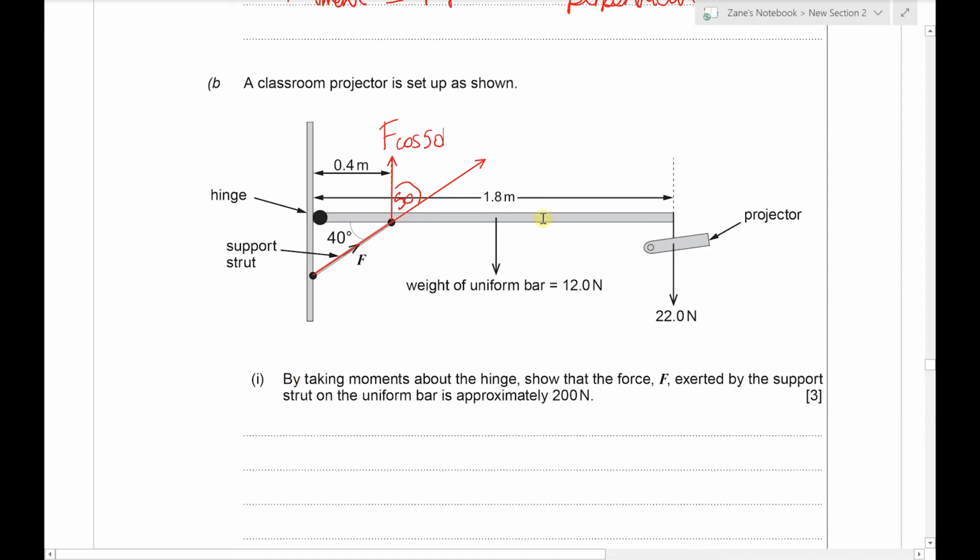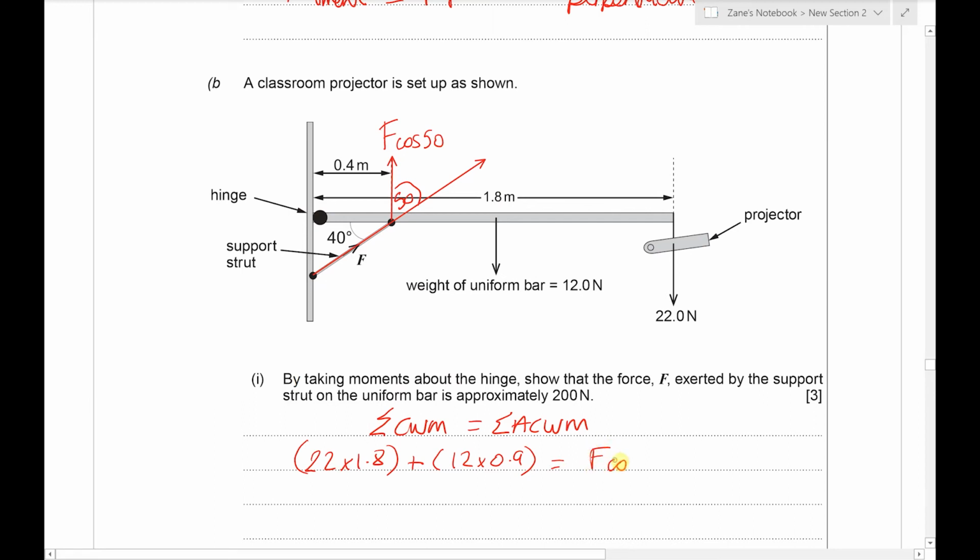So now we can take moments about the pivot. The sum of the clockwise moments must equal the sum of the anti-clockwise moments. Clockwise, we've got this 22 newton force at a distance of 1.8 meters. We've also got the 12 newton force acting through the centre of gravity, which is in the middle of the beam and hence at a distance of 0.9 meters from the end of the beam. Remember, the whole length is 1.8 meters.